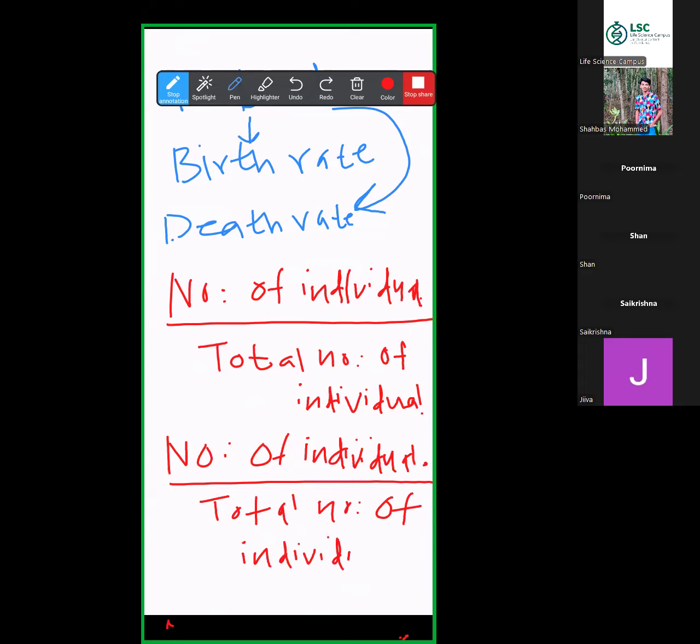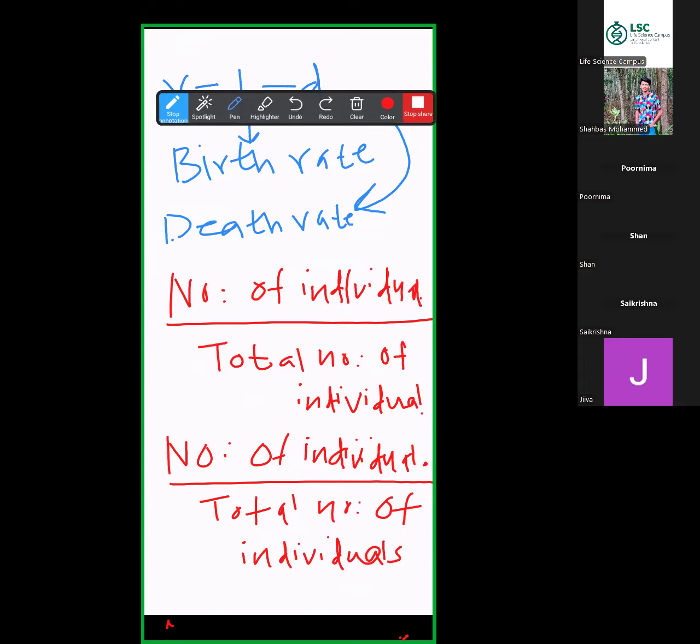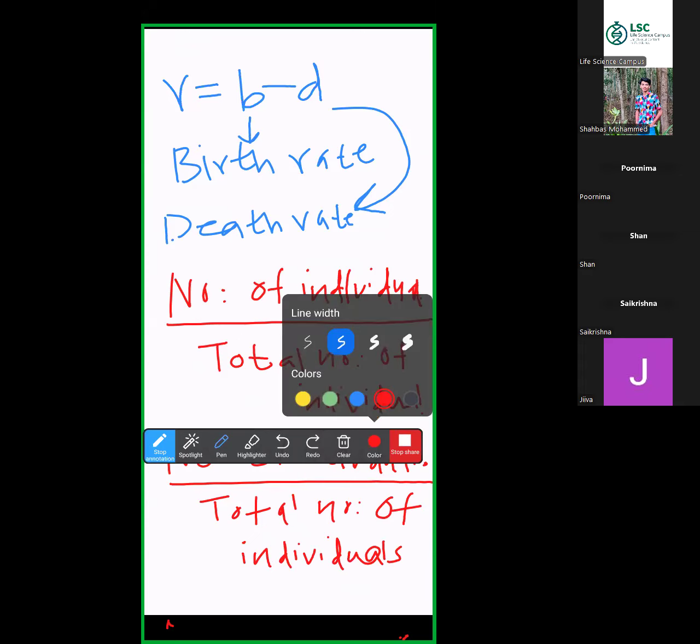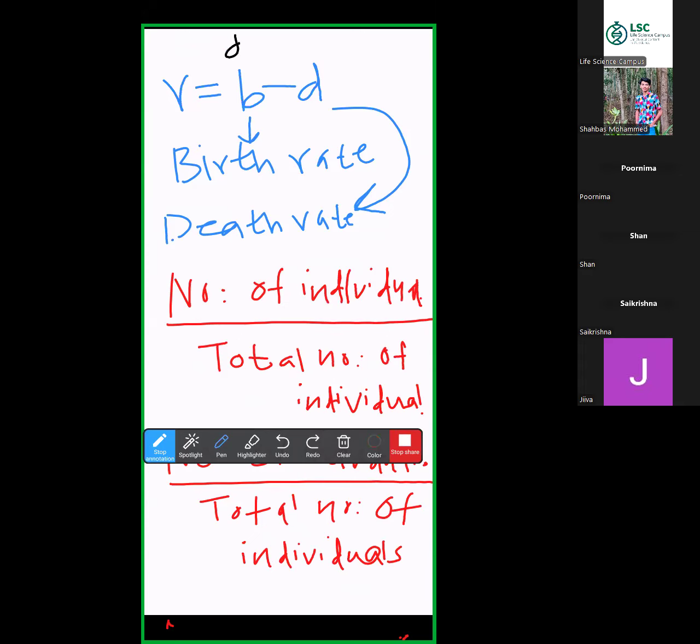I will repeat once more. For finding out the population size of an exponentially growing population, we have one equation, that is dN by dt is equal to RN, where dN by dt is the rate of change of population size, R is the instantaneous growth rate, N is the initial population size.